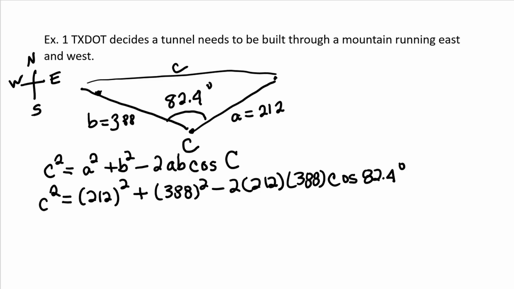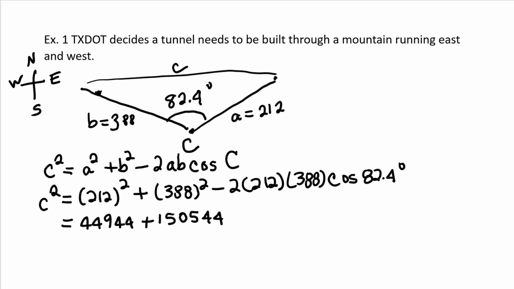The rest of this is a calculator exercise, but I'm going to provide each of the intermediate values so that you can check. 212 squared is 44,944. 388 squared is 150,544.